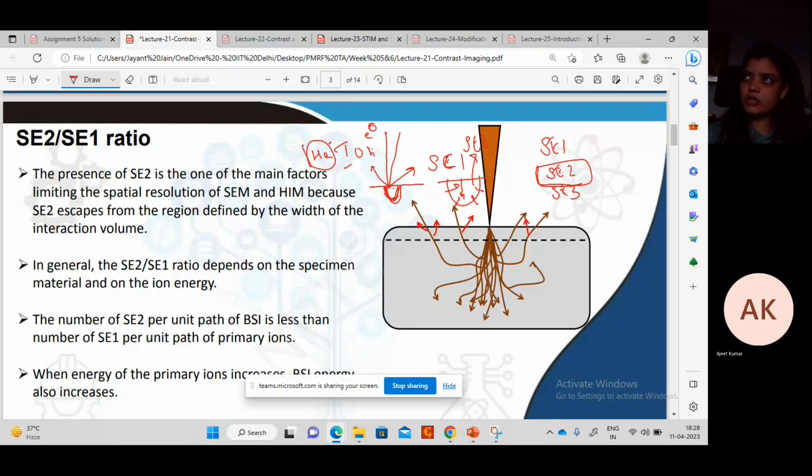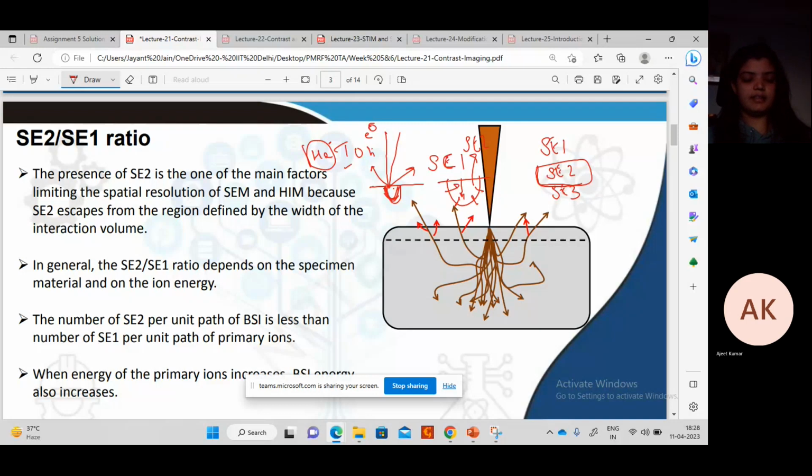If you want to do compositional analysis, the normal electron beam is used. That is the main difference between the electron and ion beam. If you want to see topographical images, you have to go for helium ion microscopy. If you want to see surface images of a metal, which is a conductor and needs no coating, and you want to see compositional differences, then you have to go for electron.